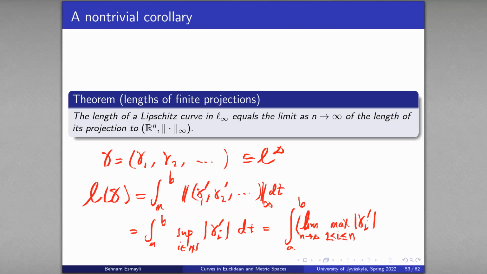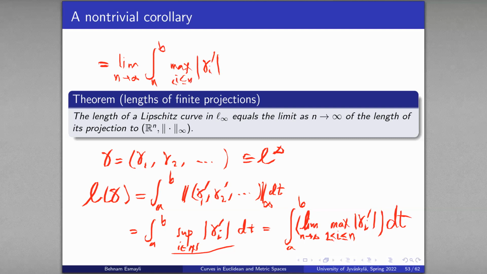So this is just a different way of writing this. But now, by monotone convergence, you can put the limit outside, and then this becomes the integral from a to b of the maximum of gamma i prime, i between 1 and n, dt.